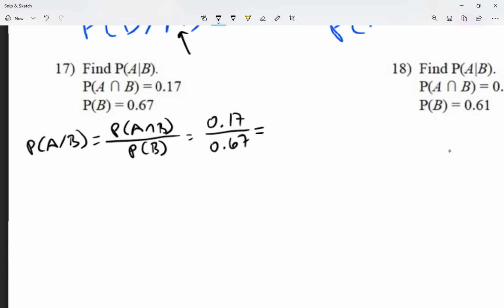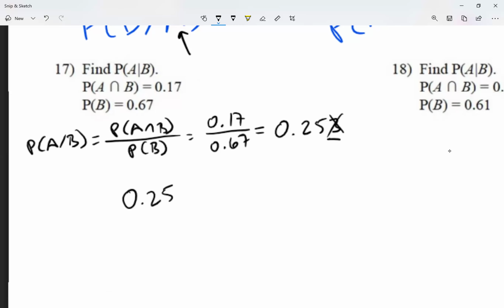I typed that on my calculator and that gives me 0.253. My third number is a 3. It's a small number, so I'm going to ignore this. So my answer will be 0.25.